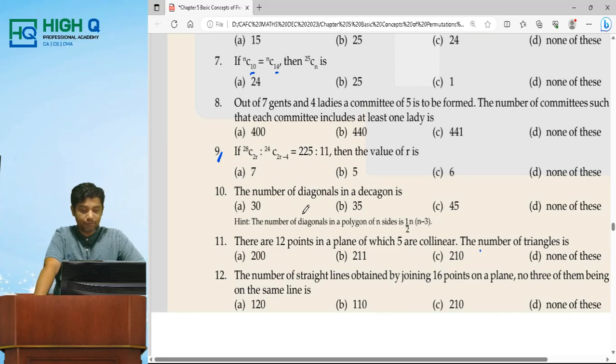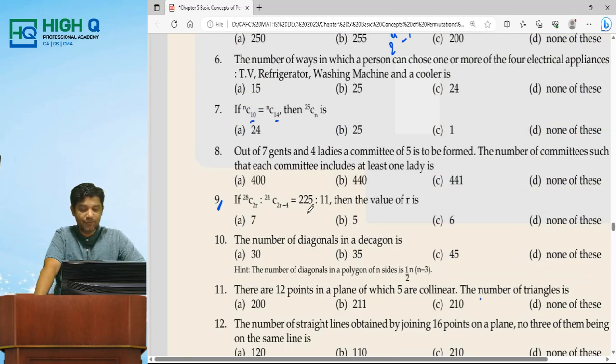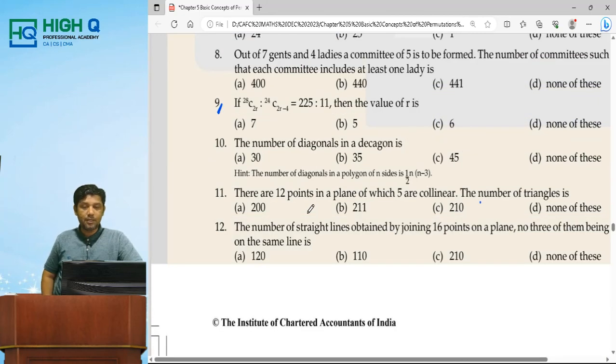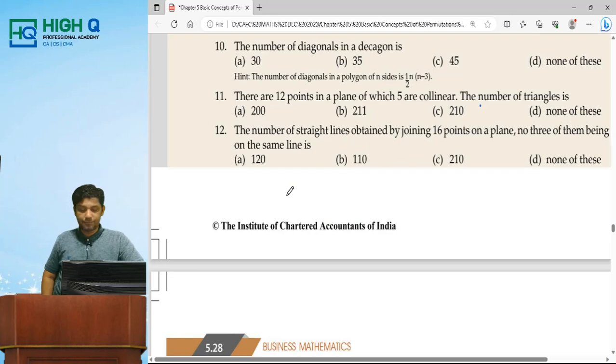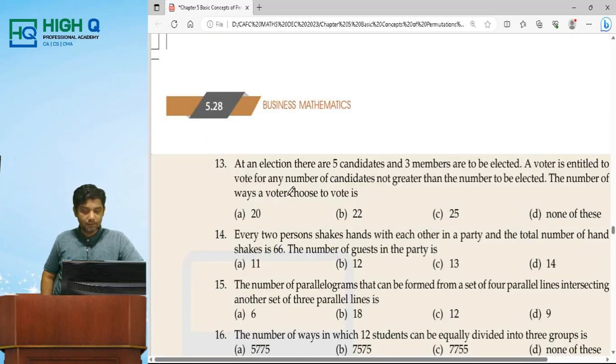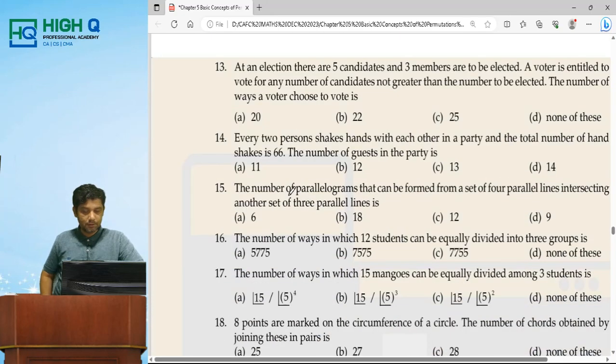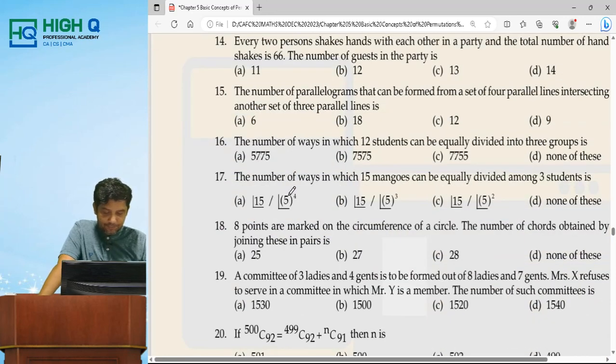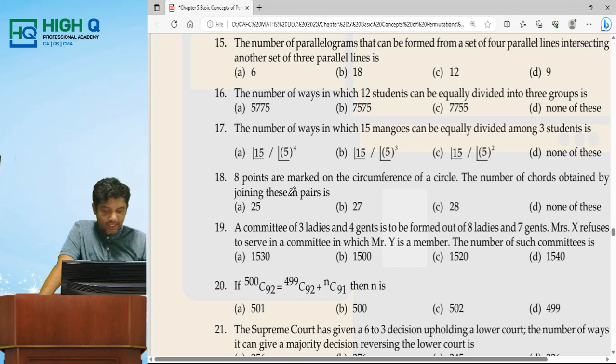Sum number 8, exercise 5C, sum number 8, sum number 10, 11, 12, 15, 19.